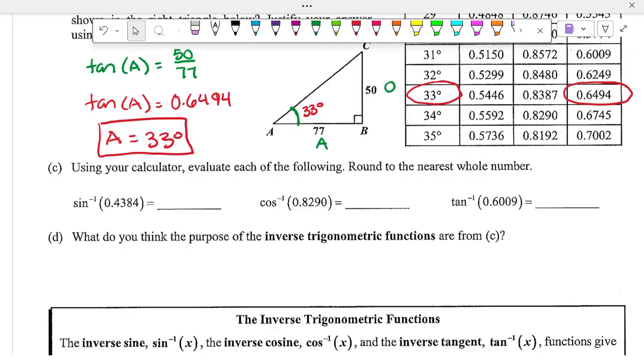Now, does anyone remember what it means in math for something to be raised to the -1 power, what it represents? It represents what? Technically, we're trying to find the angle. It helps us find the angle, yes. But I'm looking for a specific word.